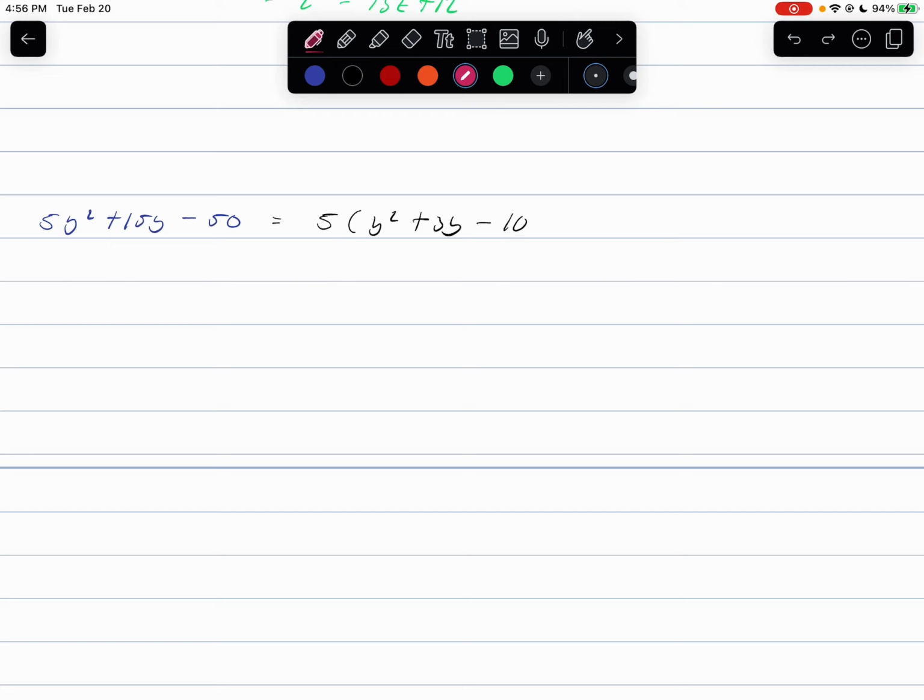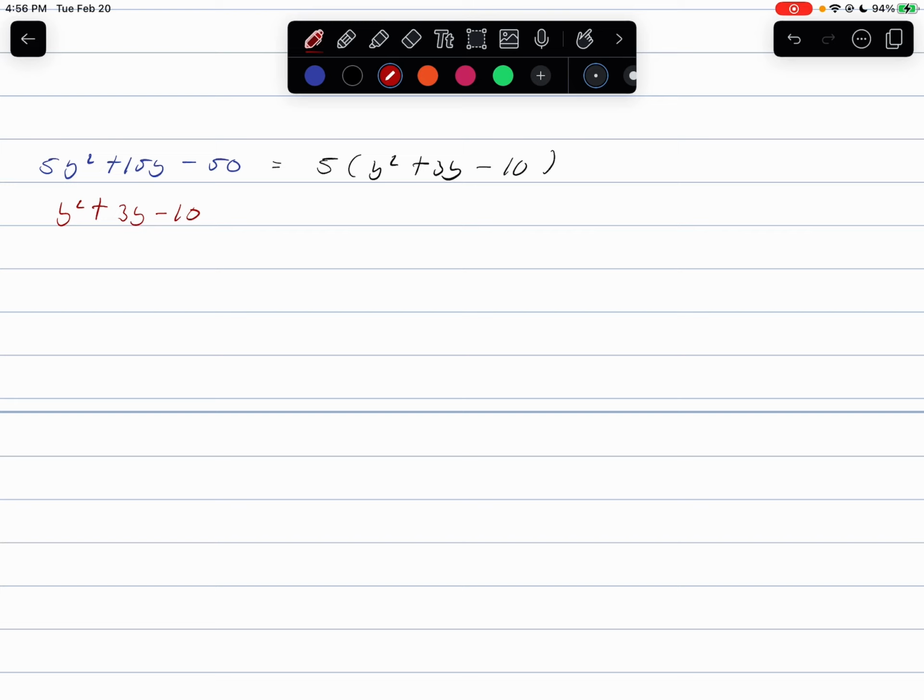So let's go over here with y squared plus 3y minus 10. Use a different color. And we're looking now for numbers that multiply together to give us negative 10 and add together to give us 3. Let's just look at factors of negative 10 first.